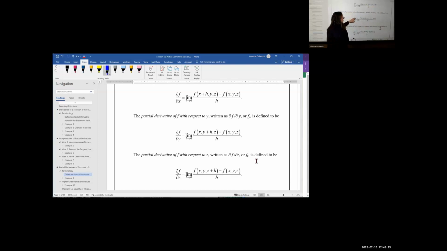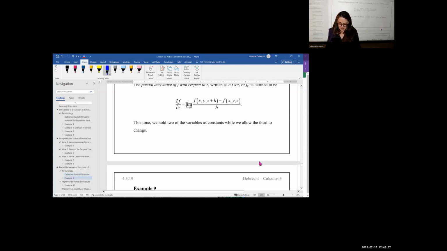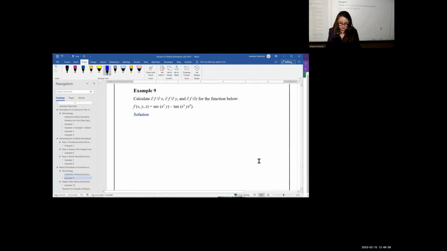If you're going to do the partial with respect to y, then the value of y goes from y to y plus h, but x and z are held constant. And if you're going to do the partial with respect to z, then you hold x and y constant, and z changes from z to z plus h. And when you take the derivative practically, you do exactly the same thing, right? You hold the other 2 constant and allow the third to change.